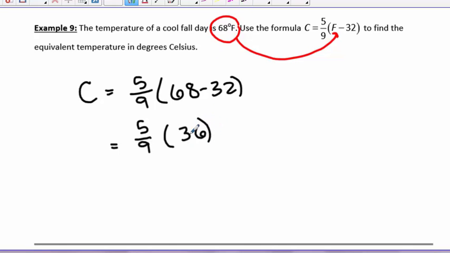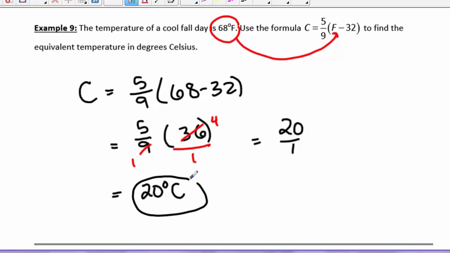Now, to do the multiplication, we'll think about this as being 36 over 1 and reducing our fraction. 9 goes into 9 once, into 36 4 times, so the answer is going to be 5 times 4 is 20. It would have been 20 over 1, but 20 over 1 is the same thing as 20. And don't forget to put those units, degrees Celsius, back on your final answer.